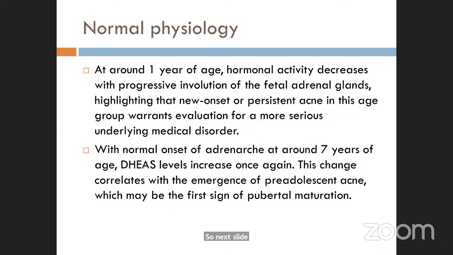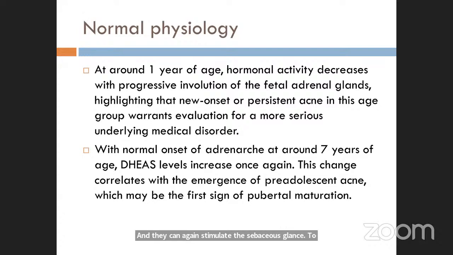So it is around 1 year of age that these hormone secretions cease, and they remain so up to 7 years of age, which is the normal onset of adrenarche. And after that, production of DHEAS levels again increase, and they can again stimulate the sebaceous glands to cause acne production.